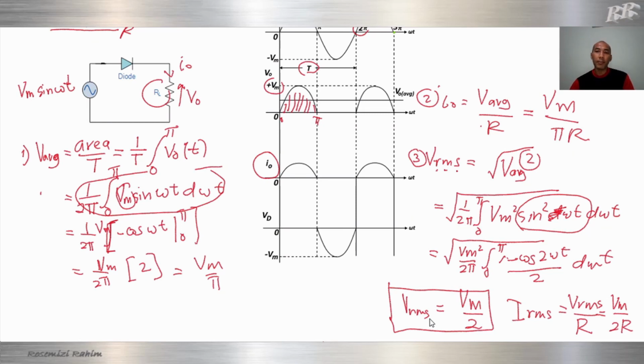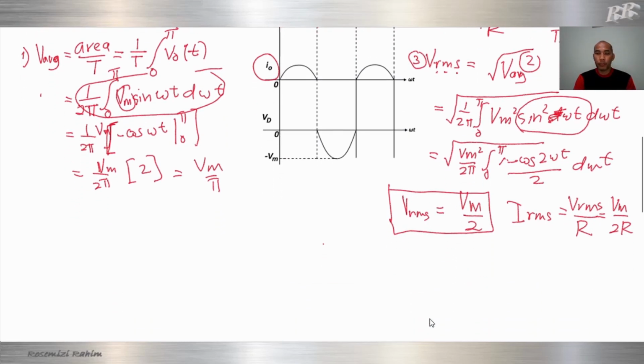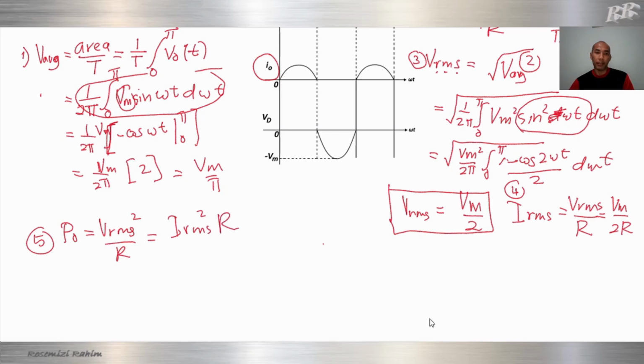Okay, this one is IRMS. Number 5 is output power. We know that output power will be equal to VRMS squared over R, or IRMS squared times R. This one is output power.